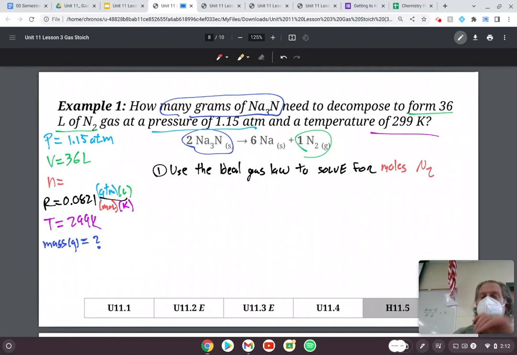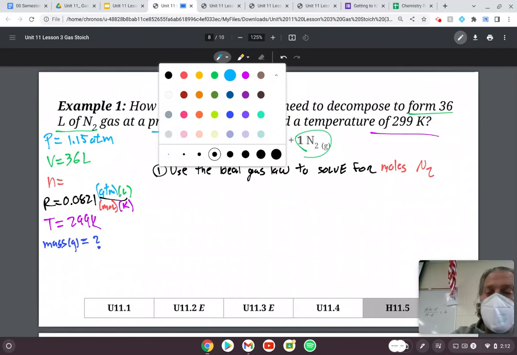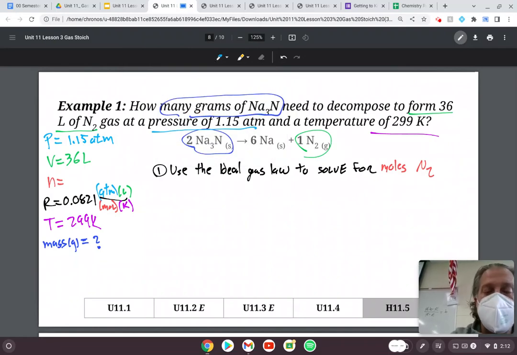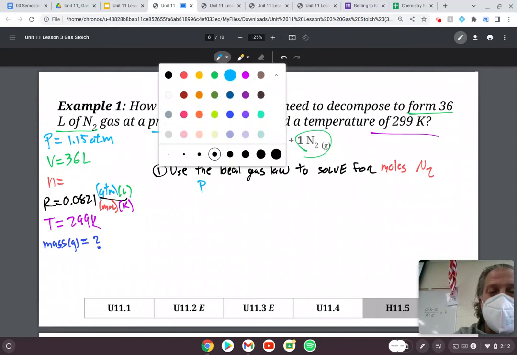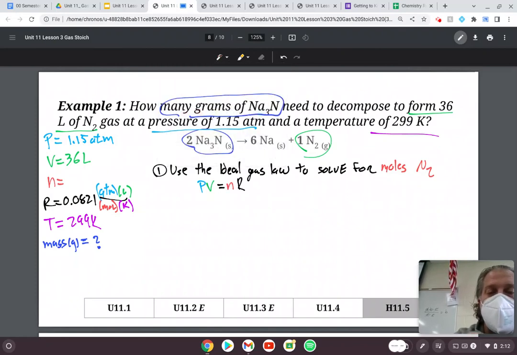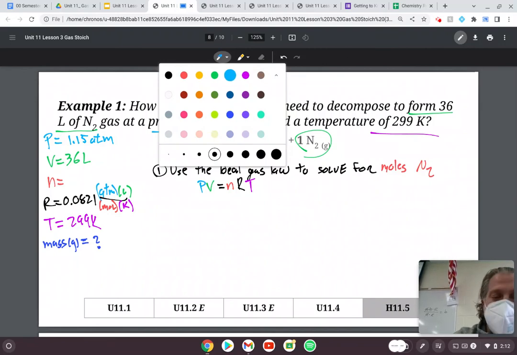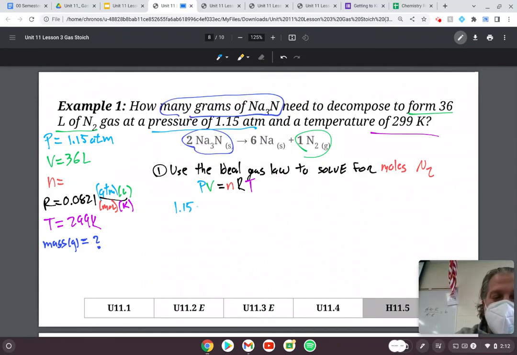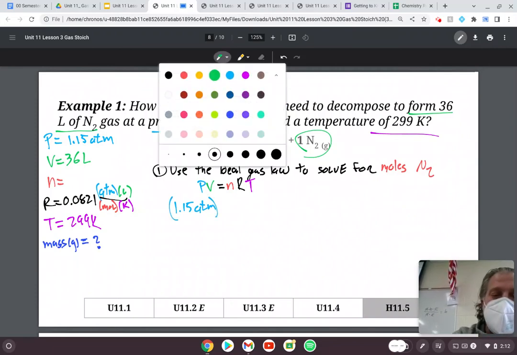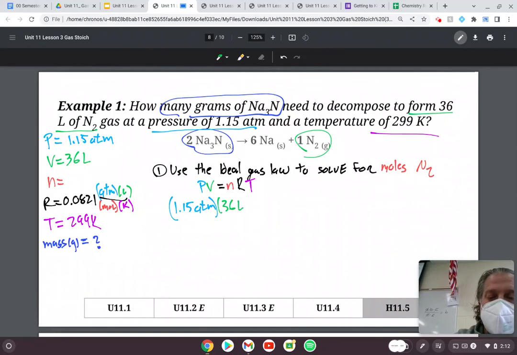And so when we're using the ideal gas law, we're going to simply plug what we have into the ideal gas law formula, which again is PV equals nRT. So I'm just going to plug in my values. I have 1.15 atm, and I have 36 liters.